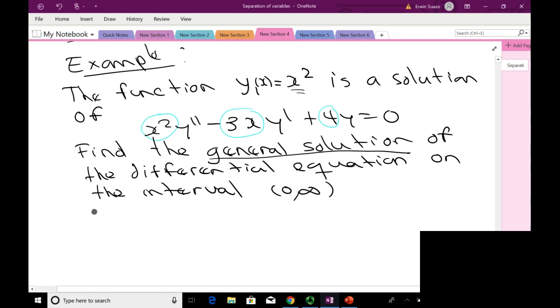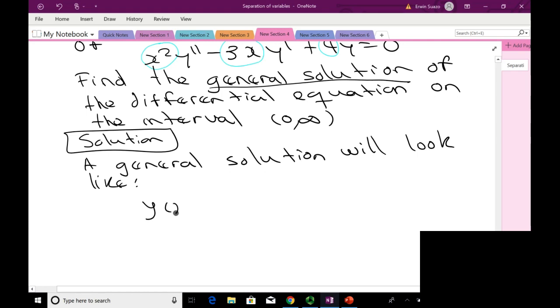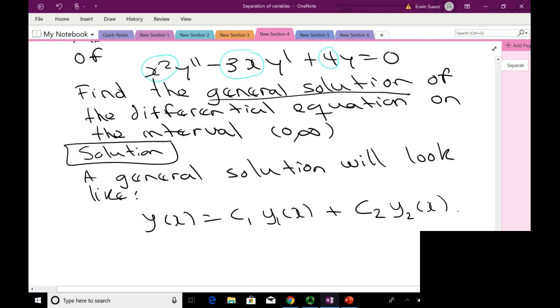So a general solution will look like y of x equals c1 y1 of x plus c2 y2 of x, because this equation is linear.